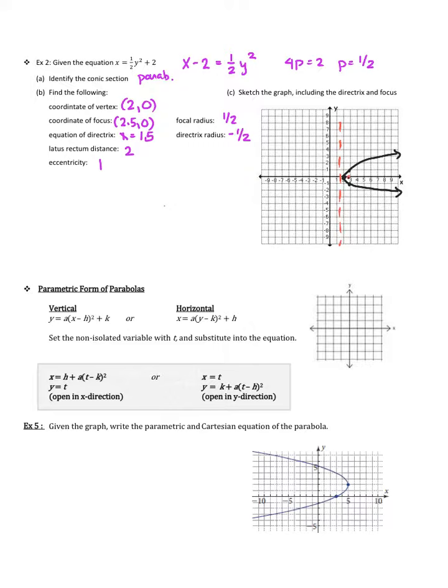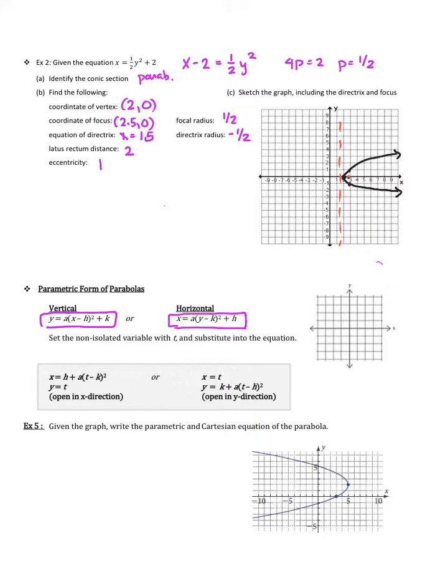All right, last little bit with parabolas is the parametric form. So parabolas actually don't use any of your Pythagorean identities. It's one of the easiest, though it's the one that everyone forgets, because all you're going to do is take whatever your equation of a parabola is. So here's the two different forms.